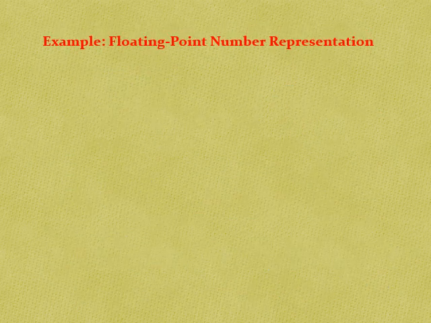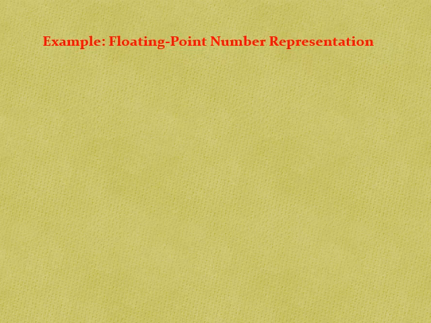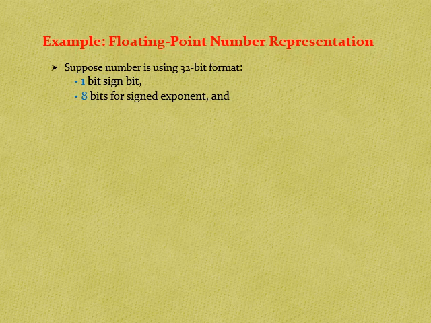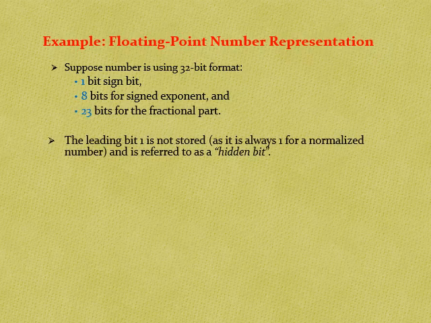Now we'll check one example of floating point representation of a number. For that we'll take the 32-bit representation format. In these 32 bits, as we know, 1 bit is for the sign, 8 bits are for the signed exponent, and 23 bits are the fractional part.